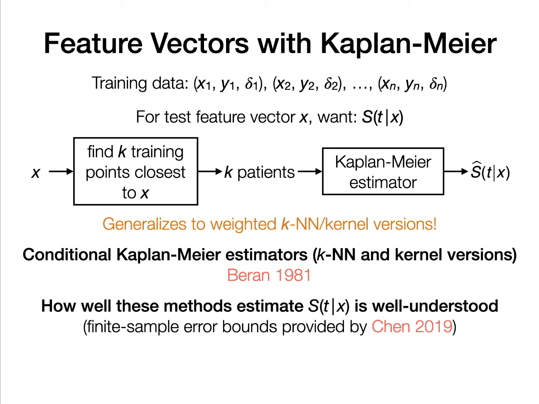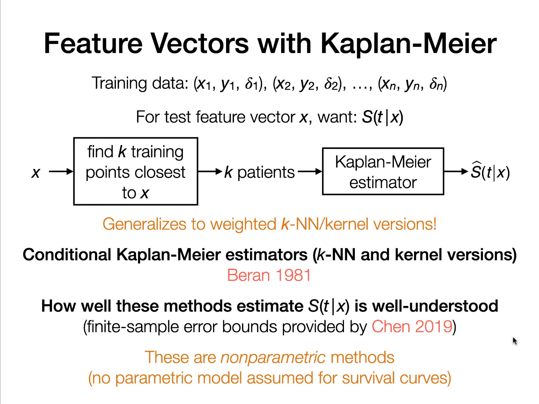I'll just say I have a paper from 2019 that gives finite sample error bounds, but even before I came up with this, from decades ago, people have come up with asymptotic error bands. I'll also say that these are examples of non-parametric methods, meaning that we are not assuming any sort of parametric form for the survival curves.